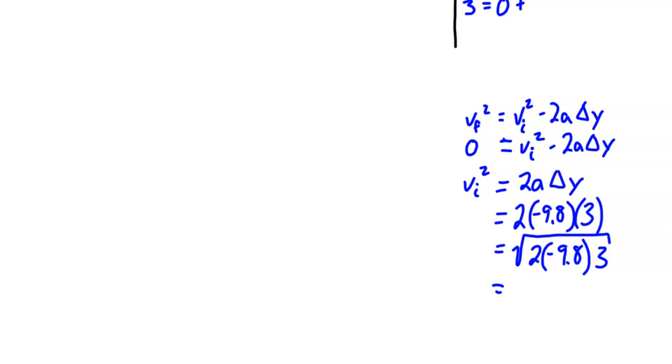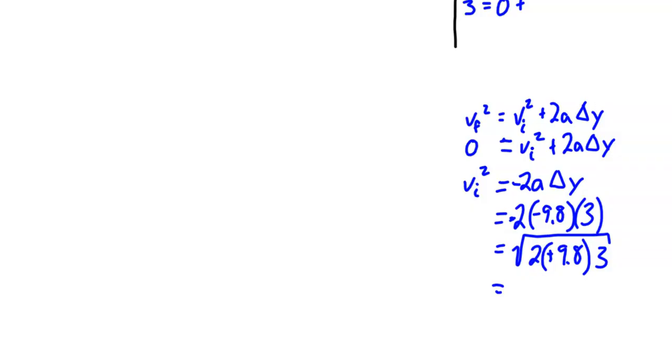All right, if you are an astute observer, you might have noticed that I copied the equation incorrectly here. So that's supposed to be a plus sign, that's supposed to be a plus sign, that should be negative, that should be negative, and then those two negatives cancel out. That's positive, and then you can take the square root of a positive number. Good luck with taking the square root of a negative number.